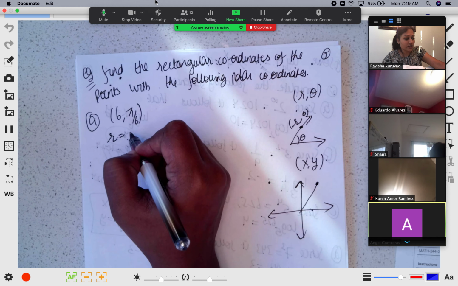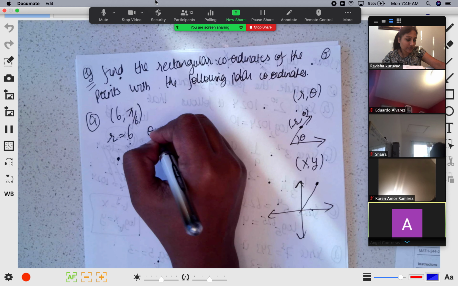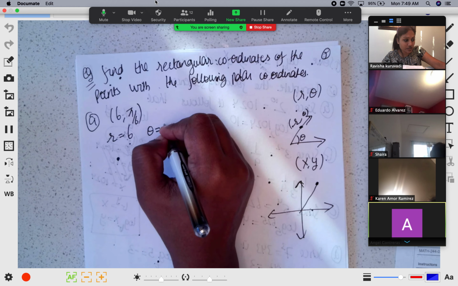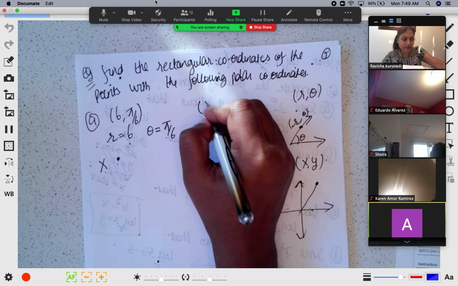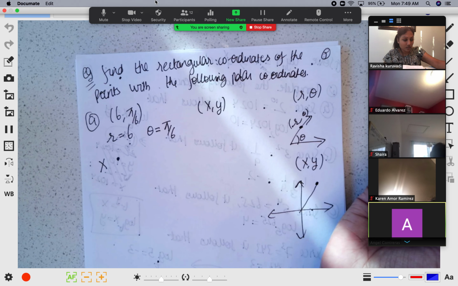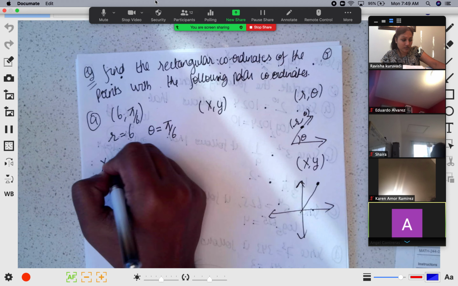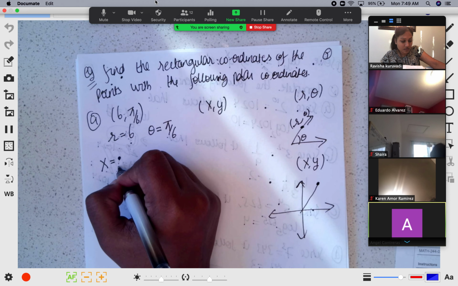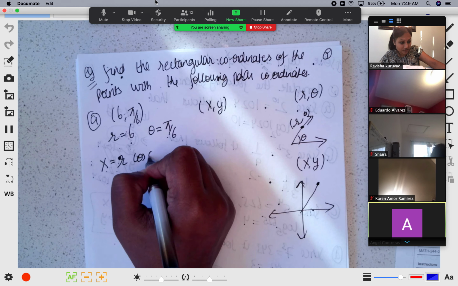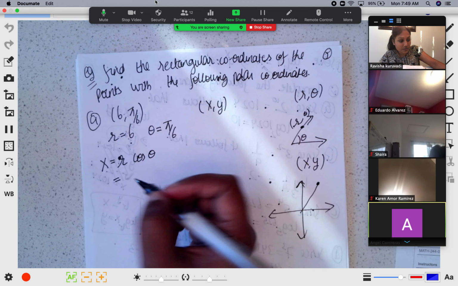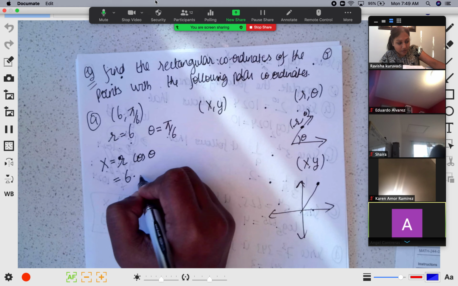R is 6. And what's your theta? It is pi over 6. What's the formula for x? I want to find x and y, my rectangular coordinates. The formula is r cosine theta, so r is 6 and theta is pi over 6.